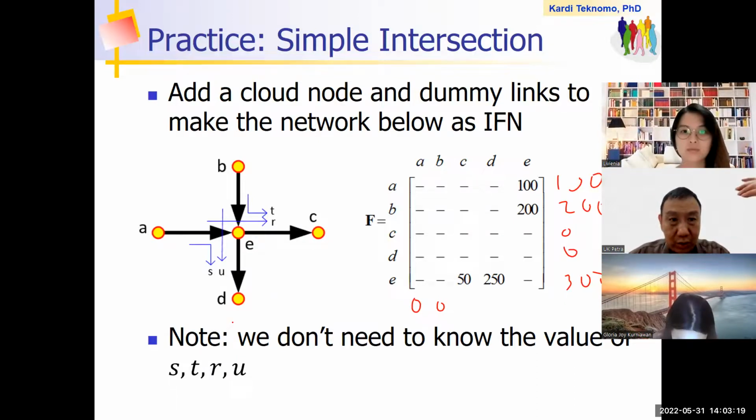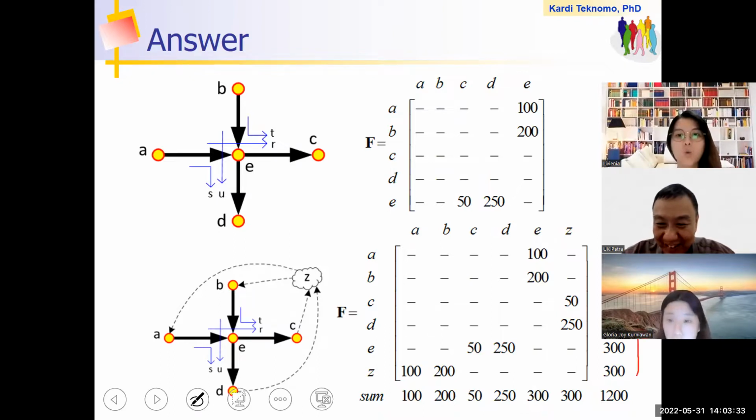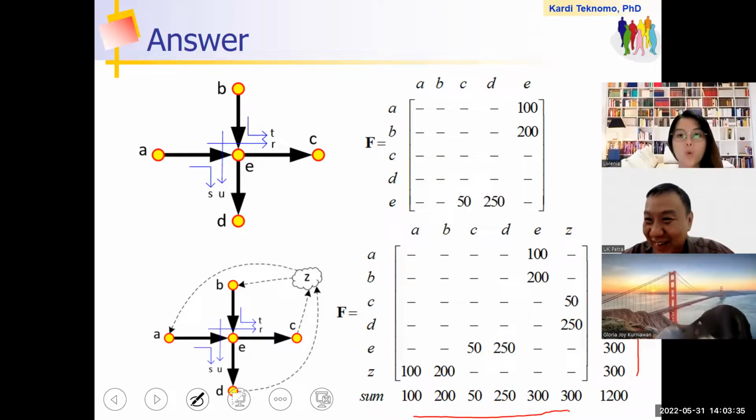Now if you add a cloud node, I can add cloud node Z. Magically, when you add cloud node Z, what will happen? It suddenly becomes premagic. Can you see? Wow. Cool, right?